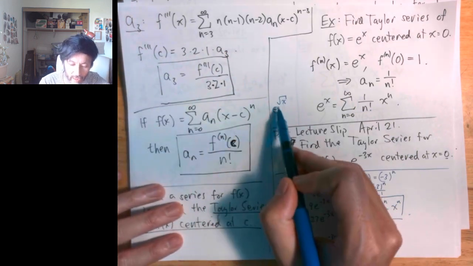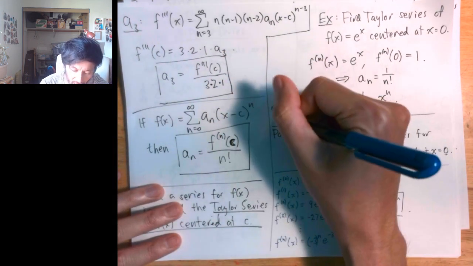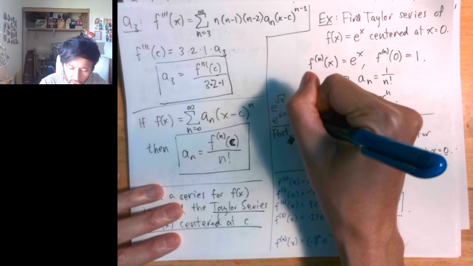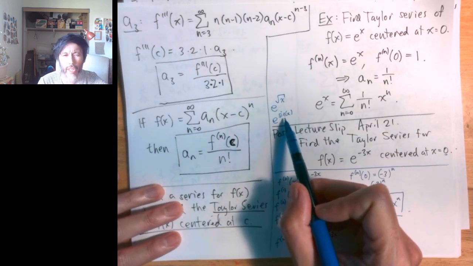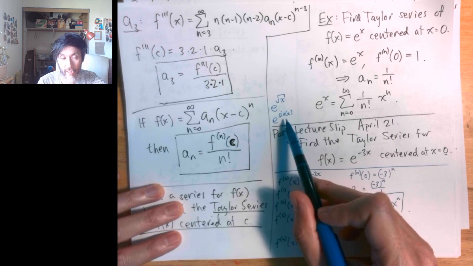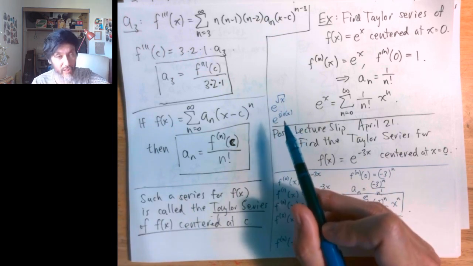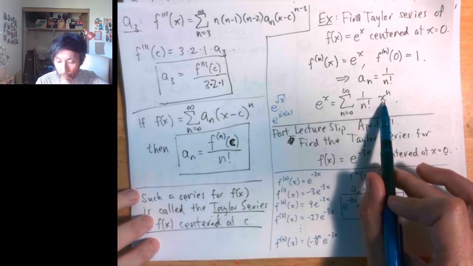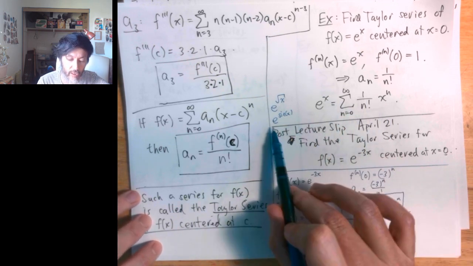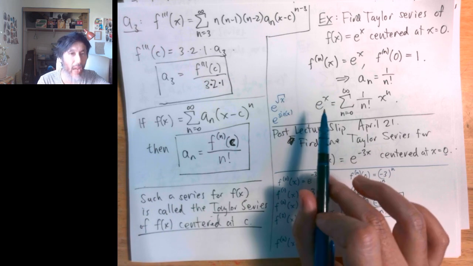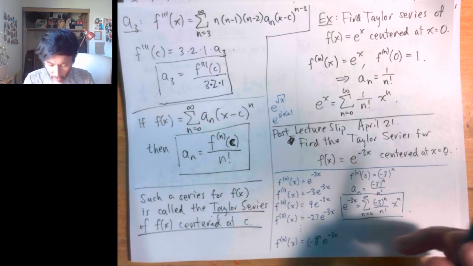But if you replace it by something that's not a polynomial, or even worse, like e to the sine x, although why would you ever want to think about this? But maybe, if you wanted to do that, it wouldn't be right just to replace x here by sine of x to get a power series, that is, right? If you were to replace x here by sine of x, sure, you would get a series which converged to e to the sine x, but it wouldn't be a power series. Hopefully you understand what I'm saying.